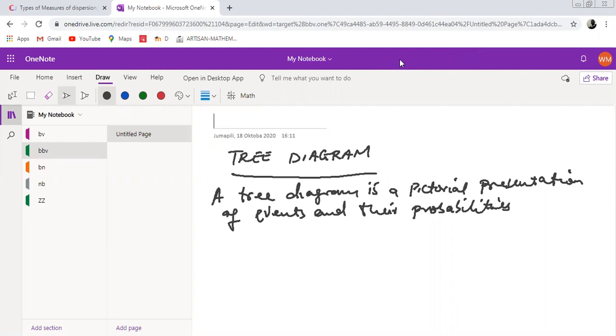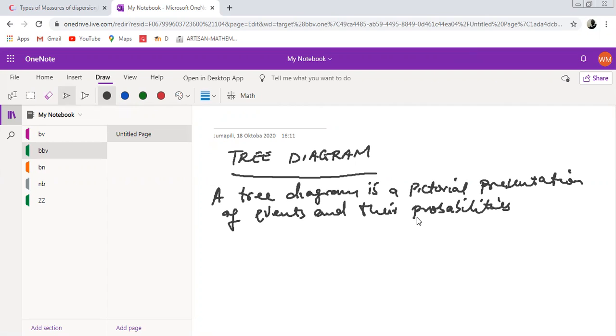In our discussion today, we are going to look at the tree diagram. As far as probability is concerned, a tree diagram is a pictorial presentation of events and their probabilities. From our discussion, we said an event is the outcomes from an experiment.